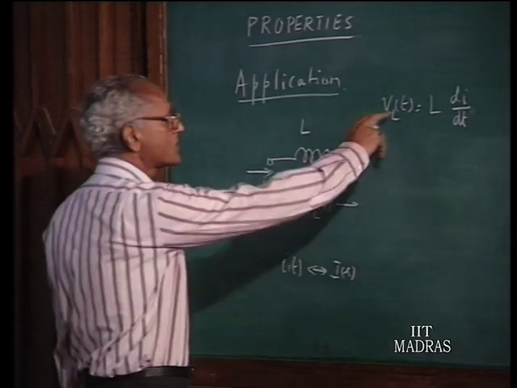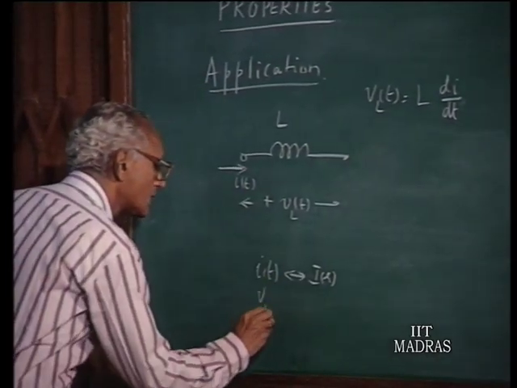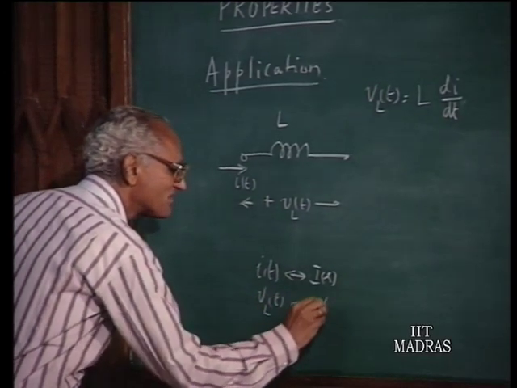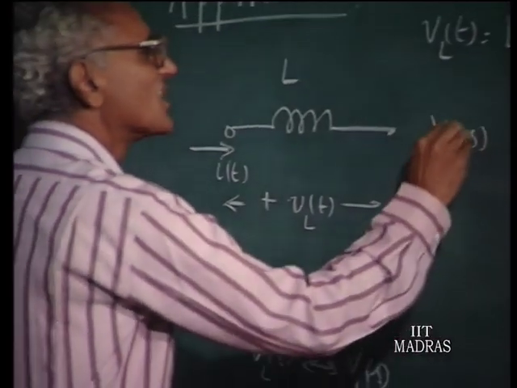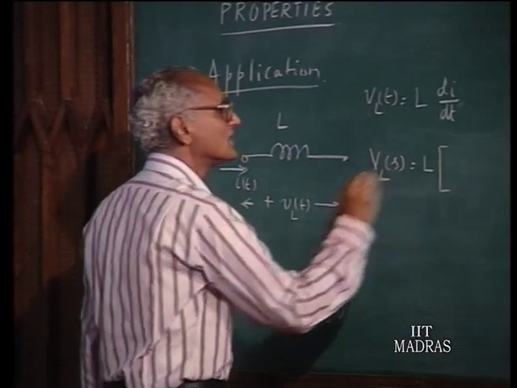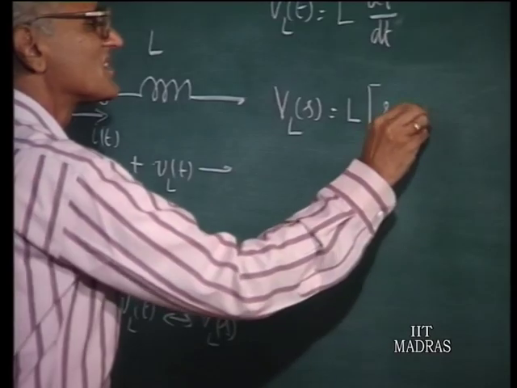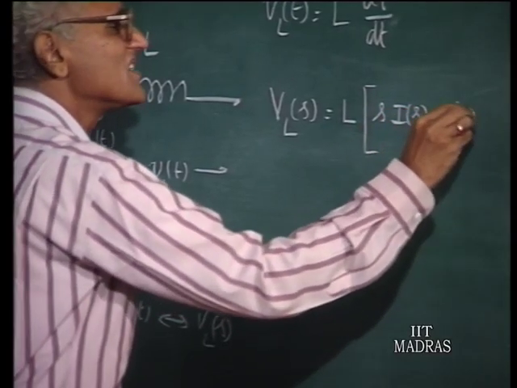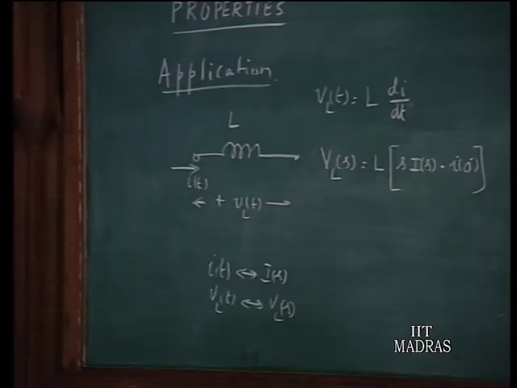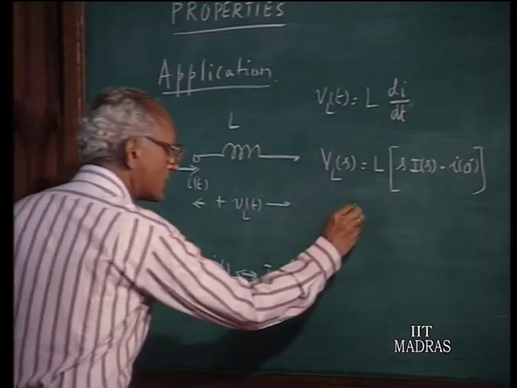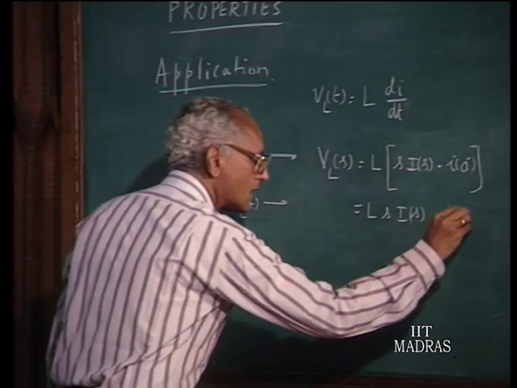Let v_L of t have the Laplace transform V_L of s, then we have V_L of s equals L times the Laplace transform of di/dt, which will be s times I of s minus I0 minus. So, we can write this alternately as Ls times I of s minus L I0 minus.